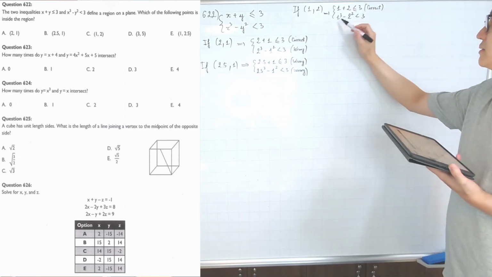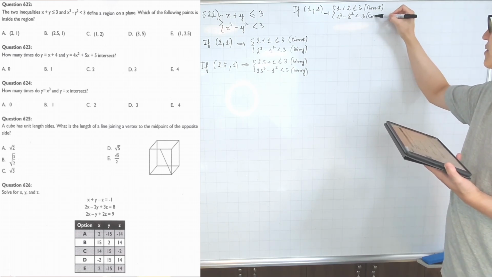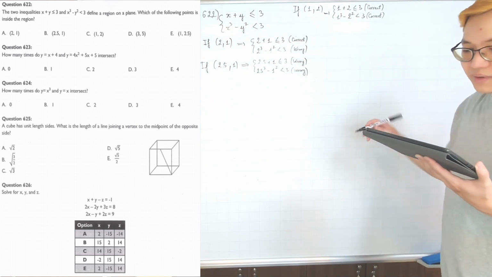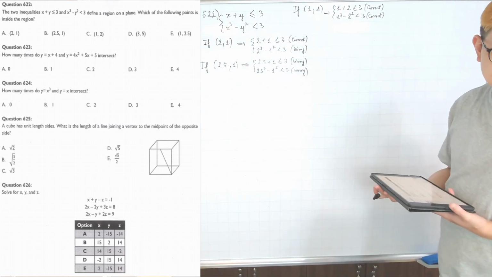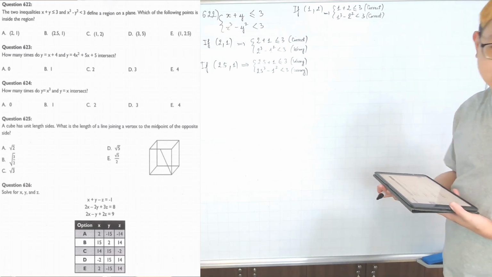This one is like 1 minus 4, which is going to be minus 3, which is smaller than 3, so it's correct. So you can see clearly that C is the correct answer, right? The other answers should already give you the same result, which is wrong. So C is the right one, isn't it?